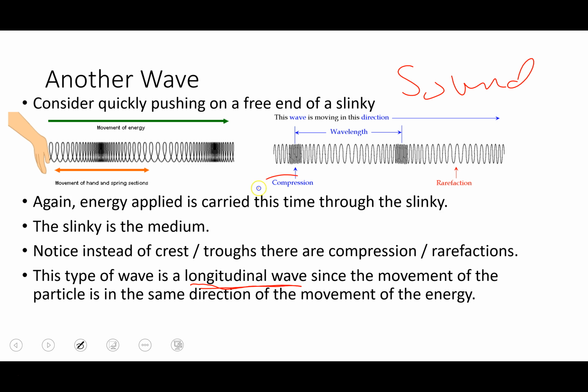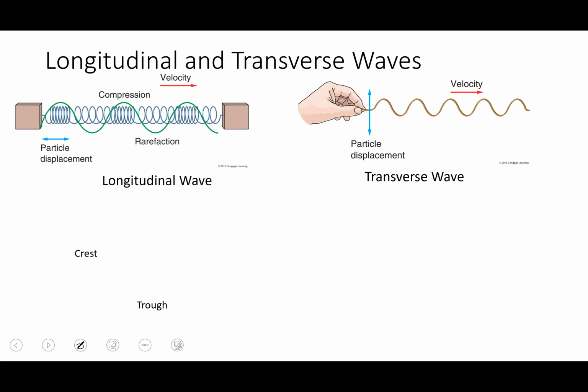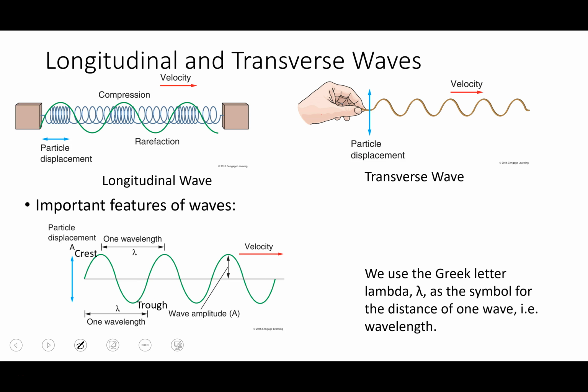We have compression, where it squishes together, and rarefaction, not fraction, rarefaction, where it's spread apart. So for instance, we could go from compression to compression to get our wavelength. Cool. So just to make sure we're on the same page, here we have the longitudinal and transverse.